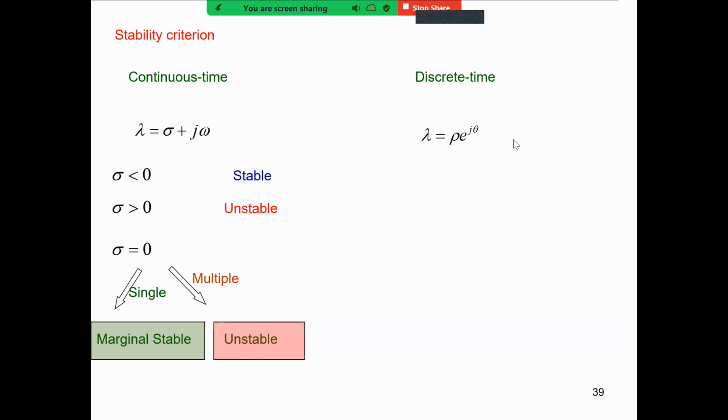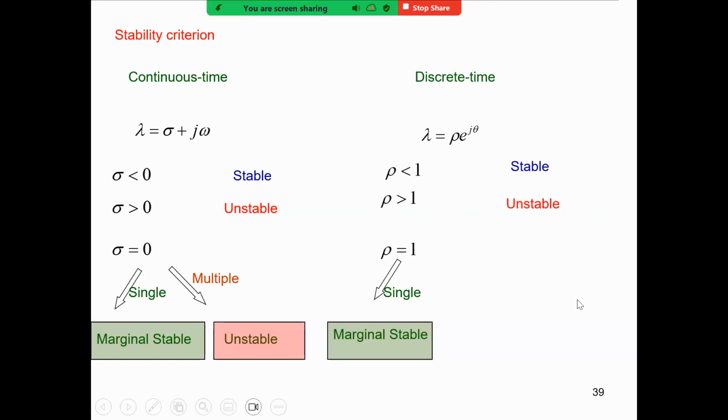You look at the magnitude. Inside the unit circle, stable; outside the unit circle, unstable; on the unit circle, you have to know whether it's single or multiple. Single is marginally stable. If it is multiple, it is unstable. Okay? Any questions?